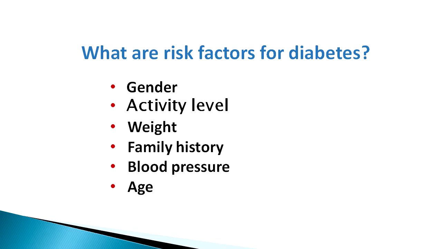Weight. Being overweight or obese can increase your risk for diabetes because a lot of adipose tissue will actually store more sugar, and it can predispose you to a higher blood sugar level.